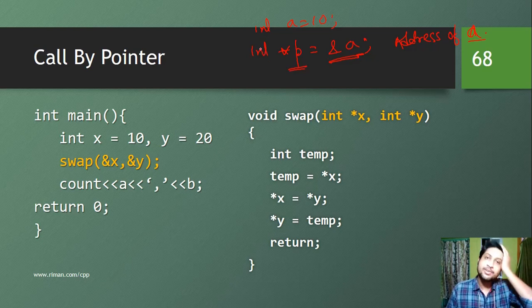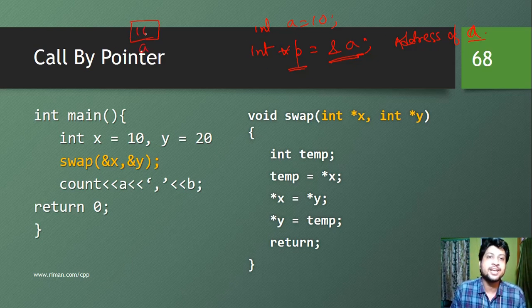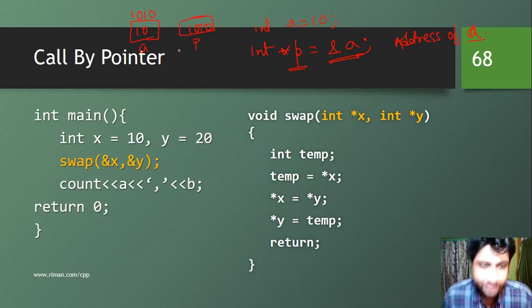So what is a pointer variable? A pointer variable can point to a variable's location. In this statement, we have a = 10 and a pointer variable p, and suppose the memory address is 1010, so 1010 is residing here. This is the concept of a pointer. Pointers actually point to a particular variable.